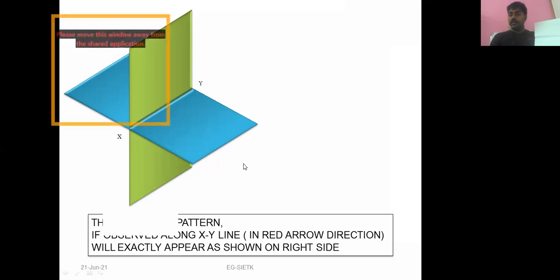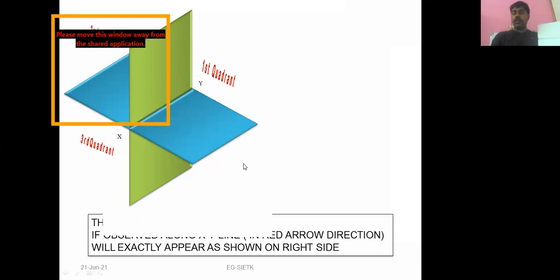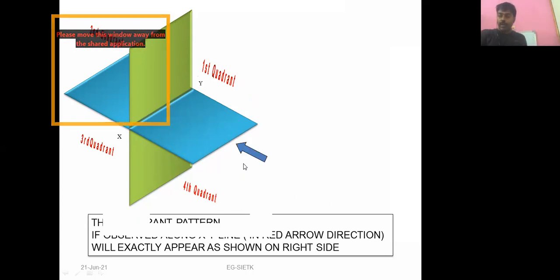I represented this in the XY line in the PPT also. So please see, this is the first quadrant, this is the second quadrant, this is the third quadrant, and this is the fourth quadrant. Four quadrants are there. The arrow mark directions: the observer is indicated by the arrow mark.